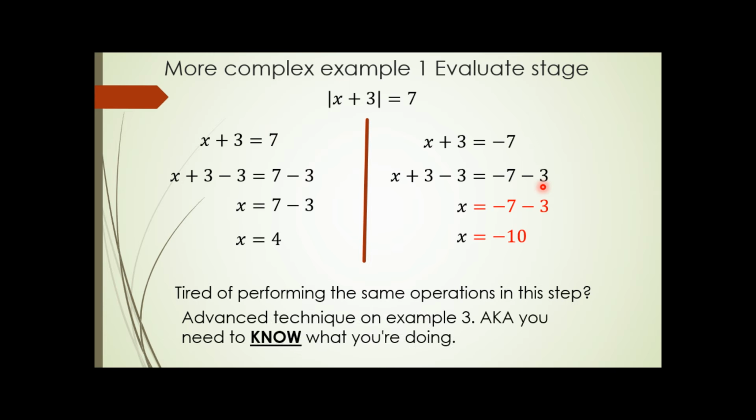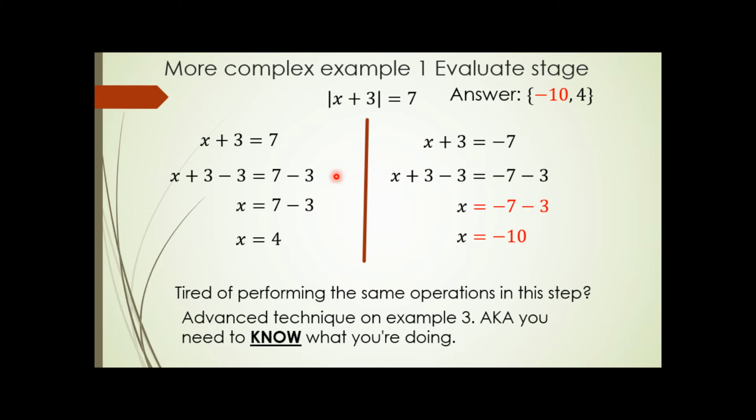So if you're tired of performing the same exact operations in the steps, so you see right here, -3, -3, -3, -3. And if we had anything to divide, we would have done that next. For example 3, we're going to have a more advanced step, but for right now, we need to write the answer, which is -10, 4. So just know that's example 3.